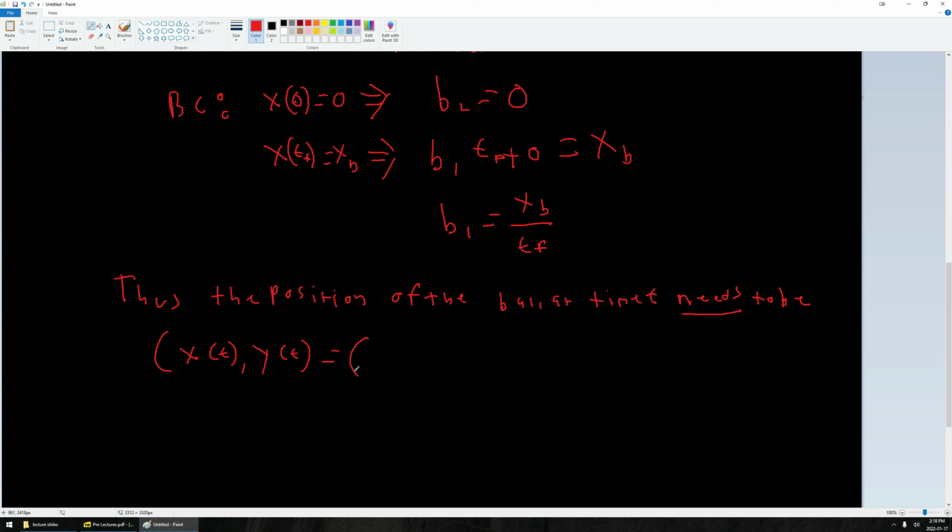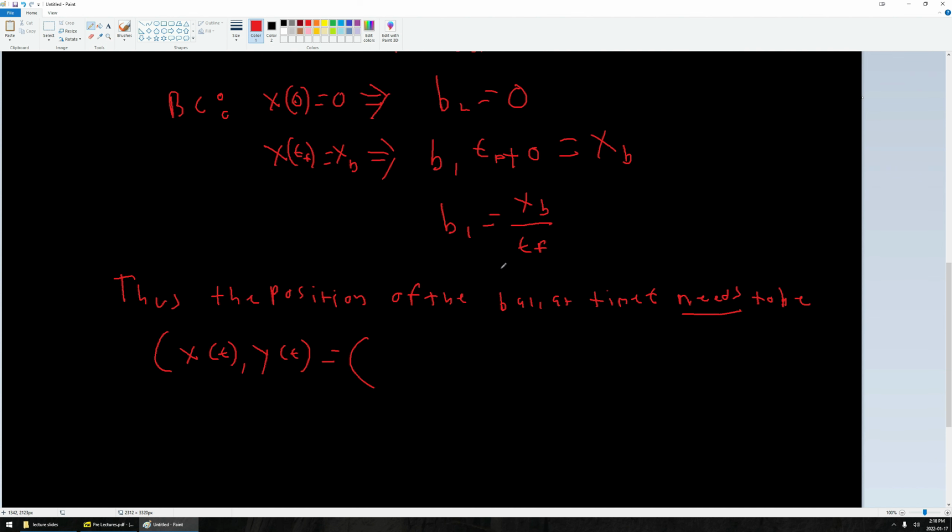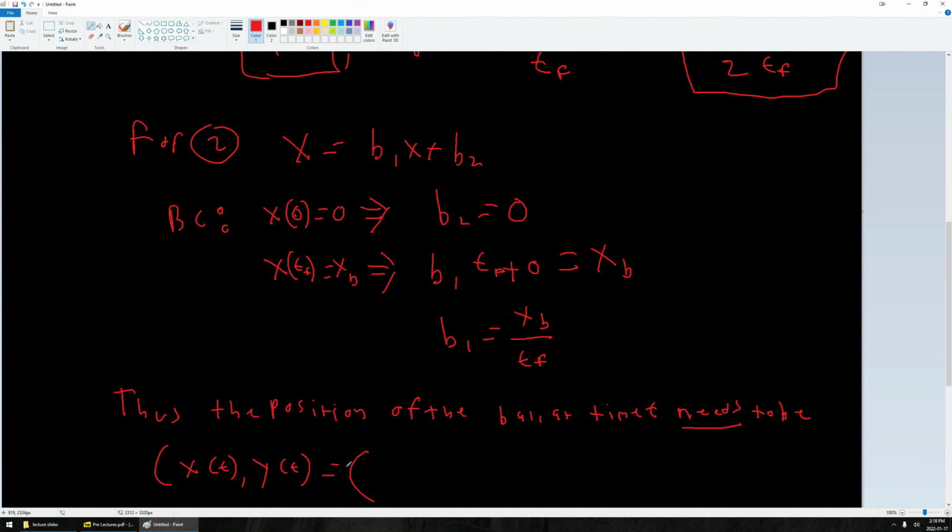And this will simply be given by, for my x, b1 x plus b2. b2 is 0. So here I can simply replace this with x sub b divided by tf times x. So that's pretty trivial.